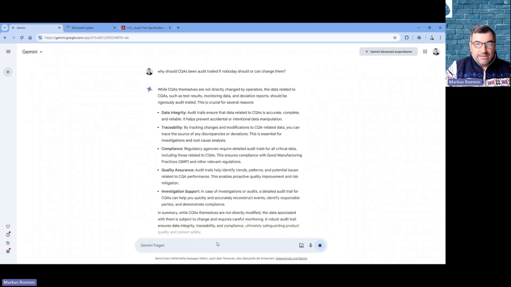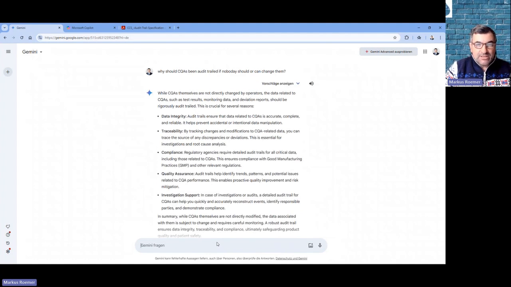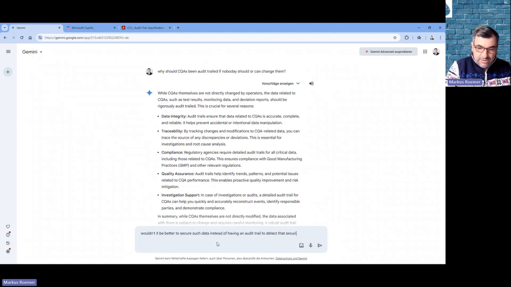While CQAs are not directly changed by operators, the data related to CQAs, such as test results, should be rigorously audit trailed. This is crucial for several reasons. Wouldn't it be better to secure such data instead of having an audit trail to detect that security is not well defined or implemented?